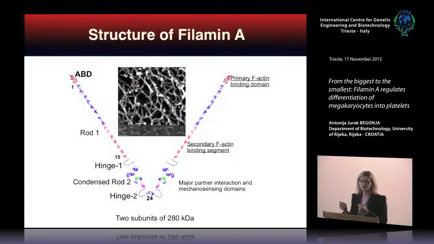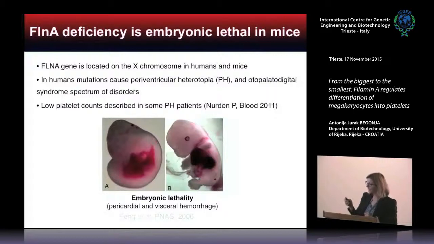However, this protein is very important because it also anchors membrane proteins down to the cytoskeleton, and it also serves as a scaffold for signaling molecules. So the Filamin A gene is located on the X chromosome in humans and mice.